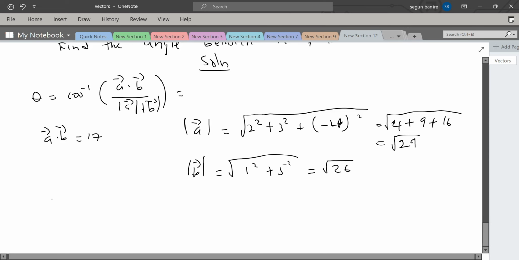Okay, so what is the angle between them? We say shift cos of A dot B, which is 17 divided by root 29 times root 26. So let's use our calculator to compute that. What do we get?